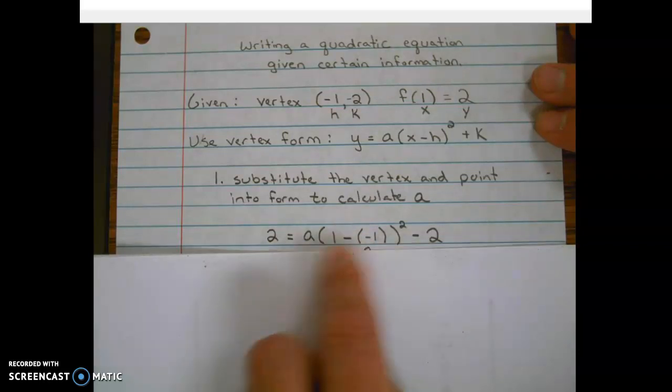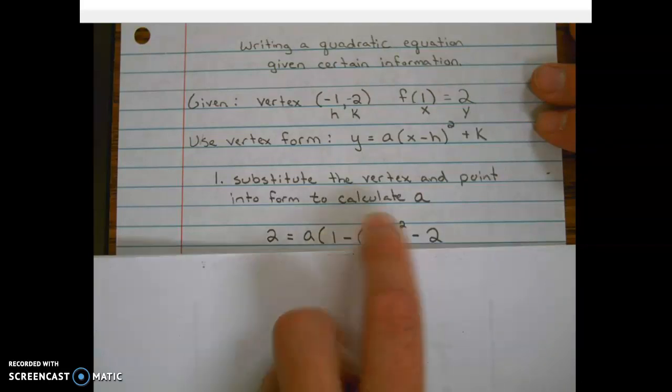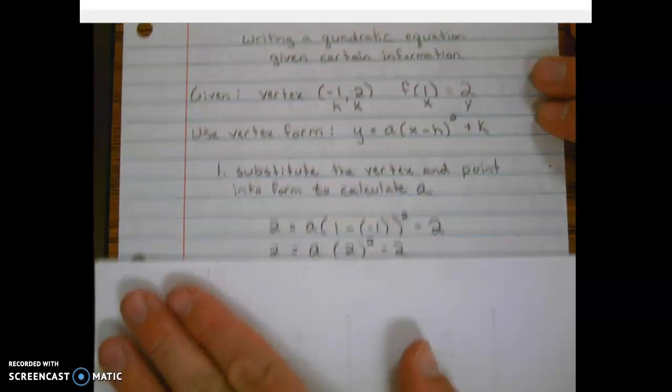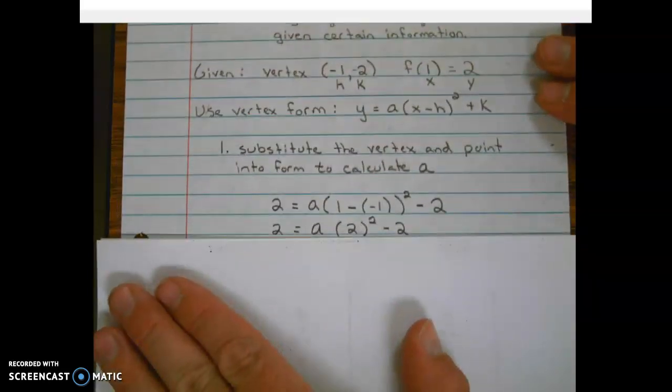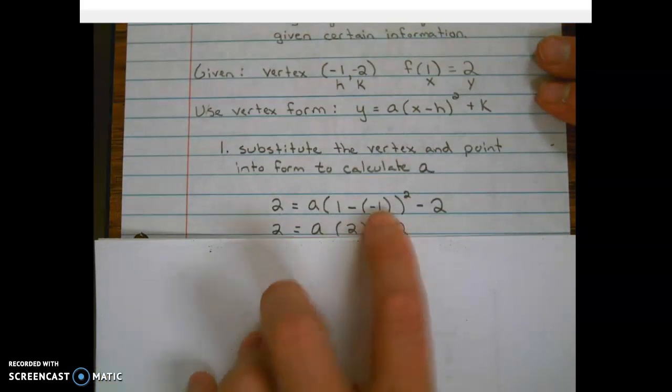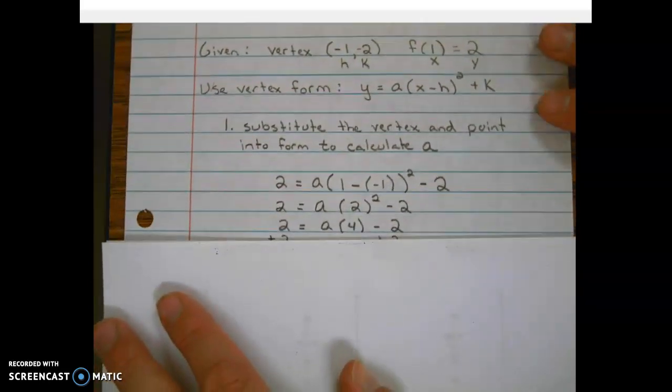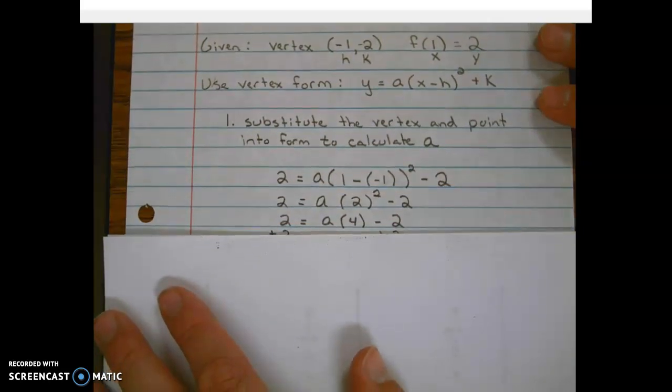So we're going to start by simplifying using GEMDOS, doing the grouping symbols, then the exponents here. And so we end up with this. Okay, and then we're going to continue. We're going to do the exponents here. 2 squared is 4.